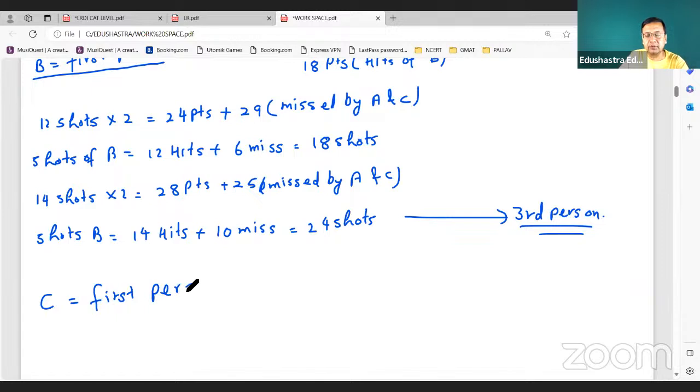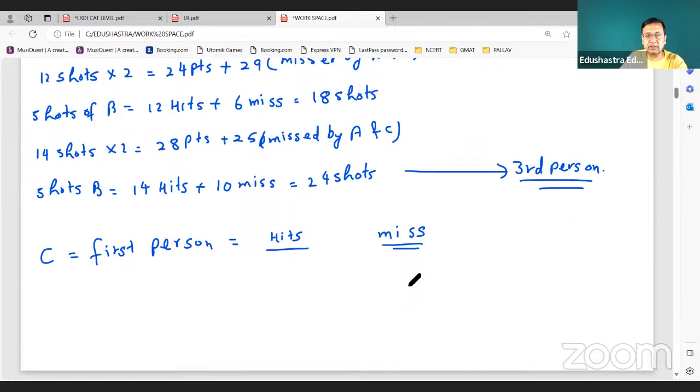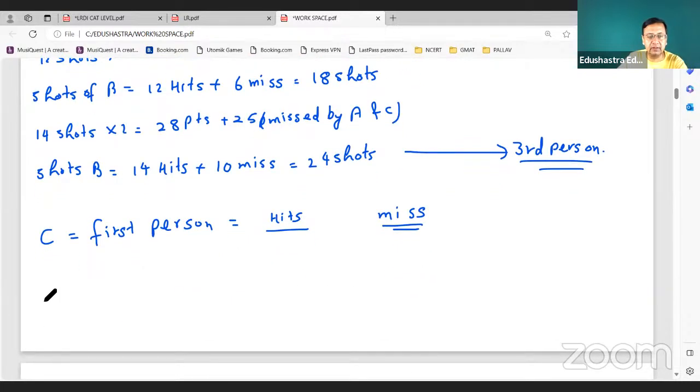Done. So quickly, can you tell me for the C, what are the hits and what are the misses? So I can table it here for A, for B. For B, how many hits? 14. And how many miss? 10.